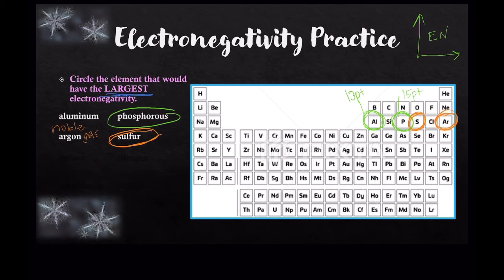So sulfur is going to be the element that has the greater electronegativity. It's not about the effective nuclear charge. Argon does have more protons, but in this case, remember, argon is a noble gas, it's stable, and when we are talking about electronegativity, remember to exclude the noble gases.